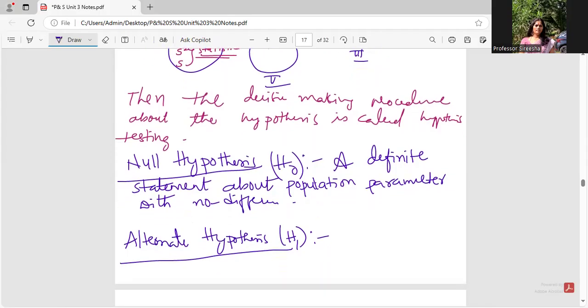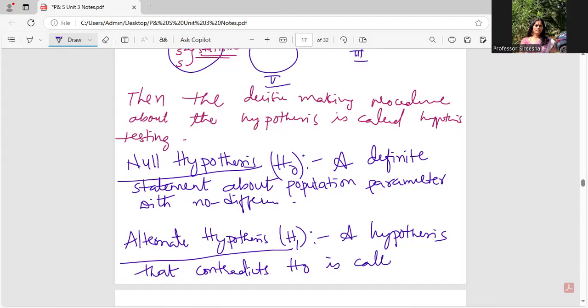Now, if I say alternate hypothesis, what would it be? A contradiction to the null hypothesis would be the alternate hypothesis. That's it. A statement that contradicts H naught is called the alternate hypothesis, denoted by H1, or HA can also be used, H with a small a suffix.